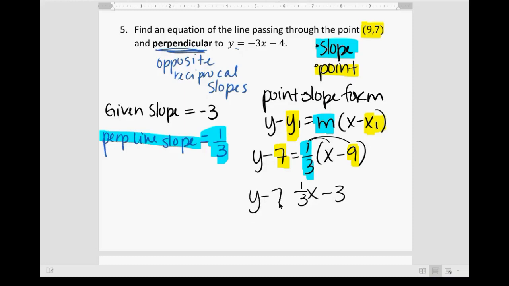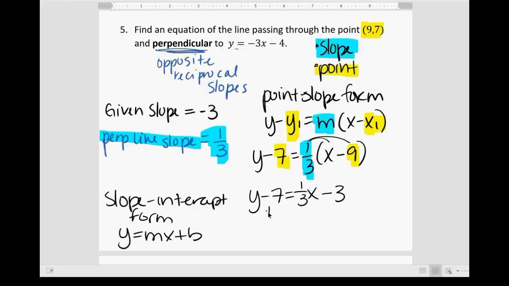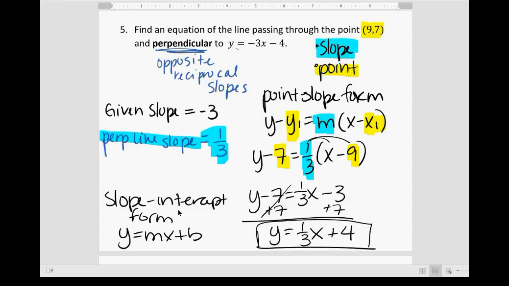So on the left I have y minus 7 equals, and then to put it in slope-intercept form, which, remember, is y equals mx plus b, we're going to add 7 to both sides. So y equals 1/3 x, then negative 3 plus 7 is positive 4. And that's going to be our equation in slope-intercept form.